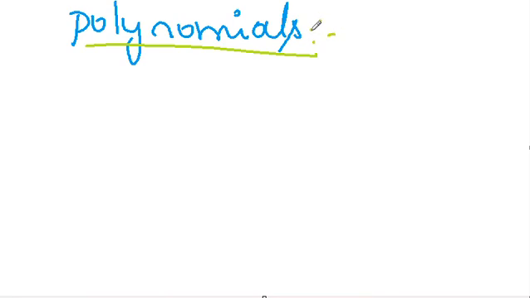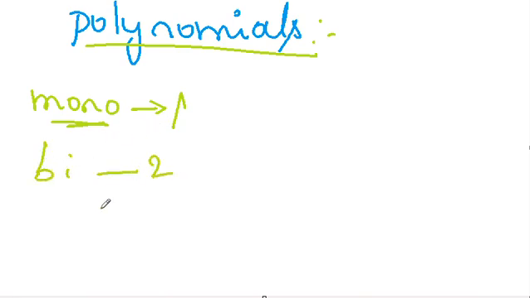you already studied algebraic expressions and different types of algebraic expressions in lower classes. In that you have studied monomial, binomial and polynomial. Monomial, as the name itself indicates, contains only one term, and binomial is an algebraic expression which contains two terms.